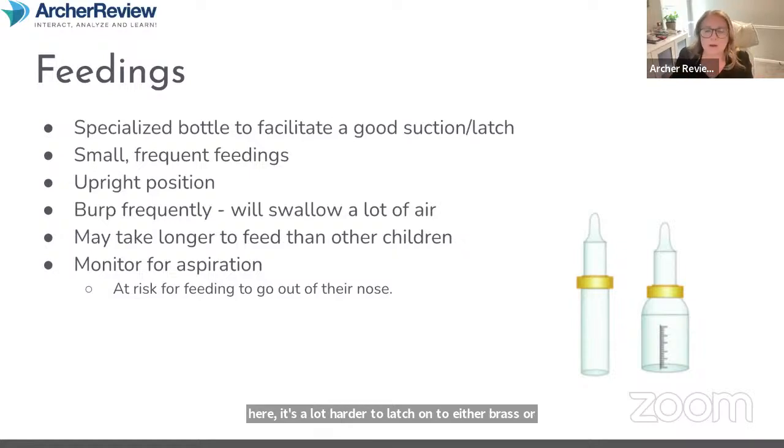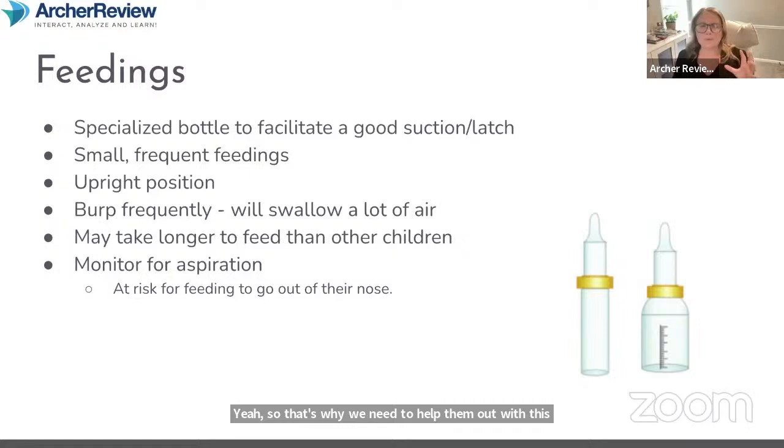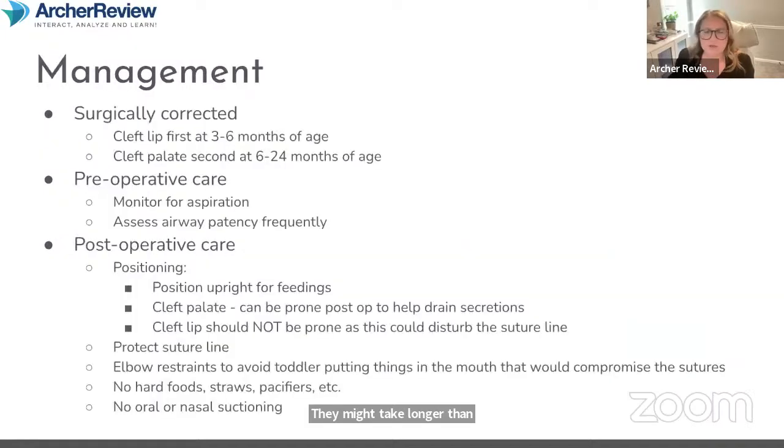So that's why we need to help them out with a specialized nipple, feed them upright, small frequent feedings, and burp them a lot. We basically just want to prevent them from getting too much air in their bellies. And when they've got a big hole going on right here, a lot of air can come in. They might take longer than other kiddos to eat. They are at high risk for aspiration. So that's really what you're going to be focusing on.